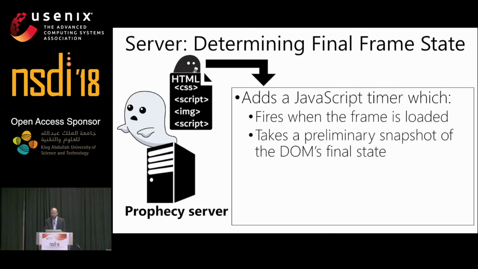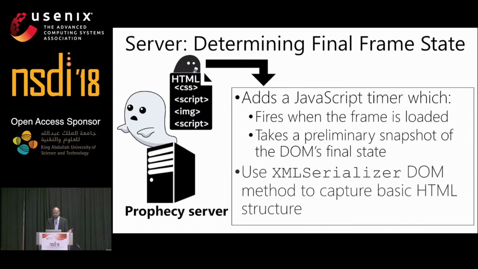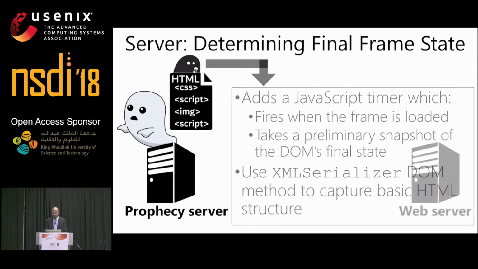That timer is going to fire when the headless browser completes the frame load. And at that point, the timer is going to take a preliminary snapshot of the DOM's final state. The timer does this by invoking the pre-existing XML serializer interface. This snapshot is going to be preliminary because it doesn't include style information, and I'll describe what I mean by that in a second. So anyways, that's what the rewritten HTML looks like. It just has that extra JavaScript timer.